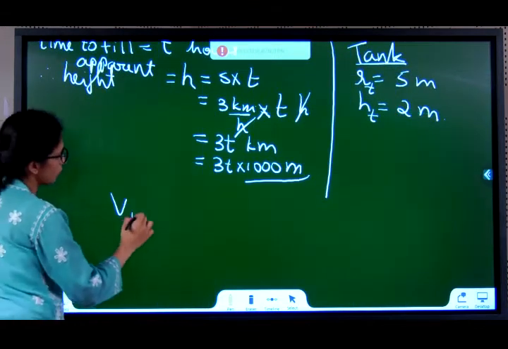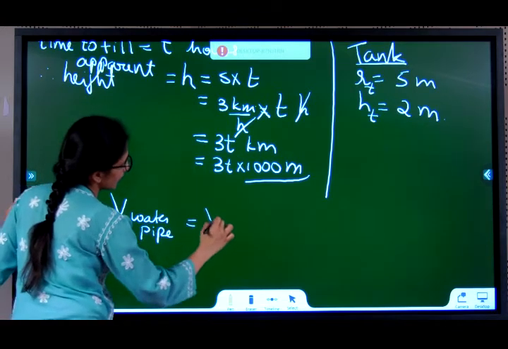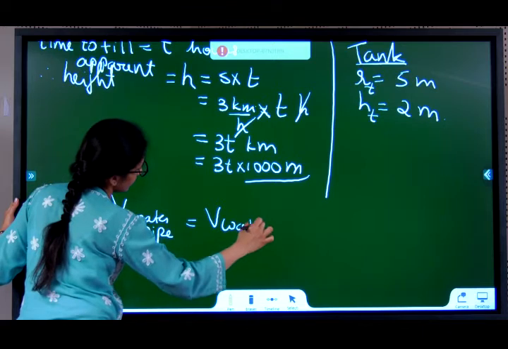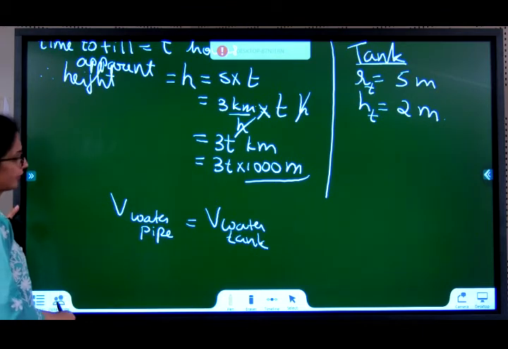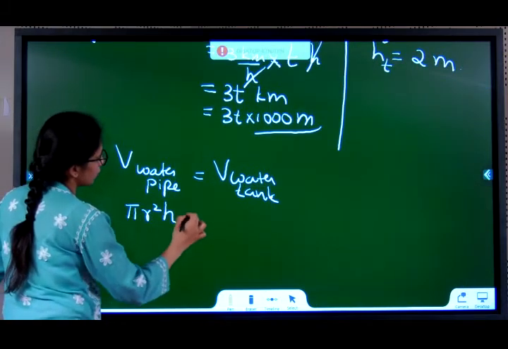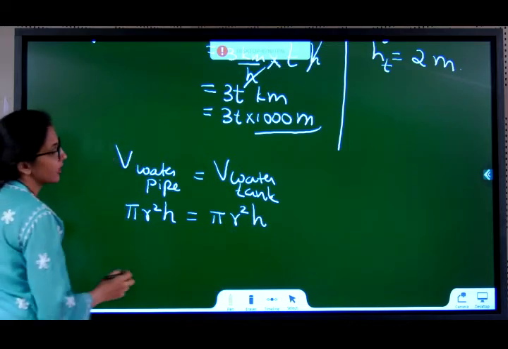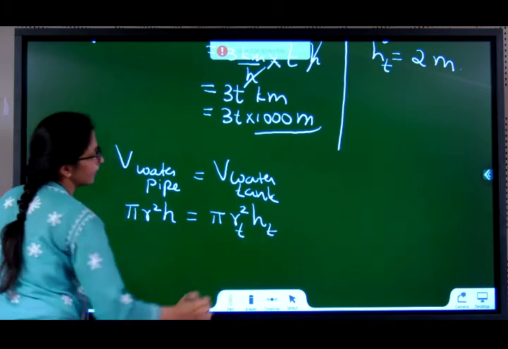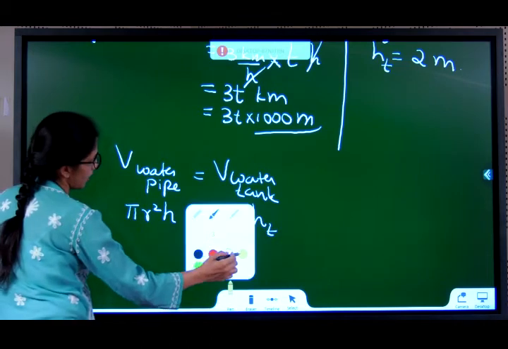So volume of water from the pipe should be equal to volume of water entering the tank or filling the tank. That's the total volume of the tank. Pi r square h is equal to pi r square h. Here it is tank's r and tank's h. Here it is pipe's r and pipe's h.